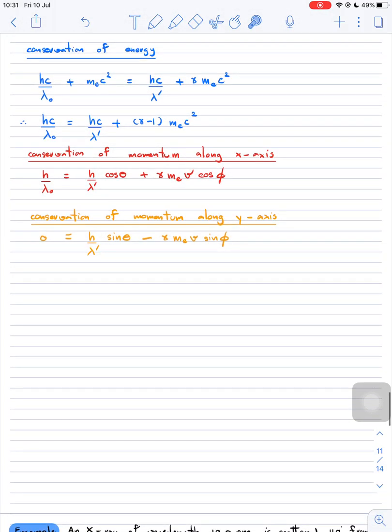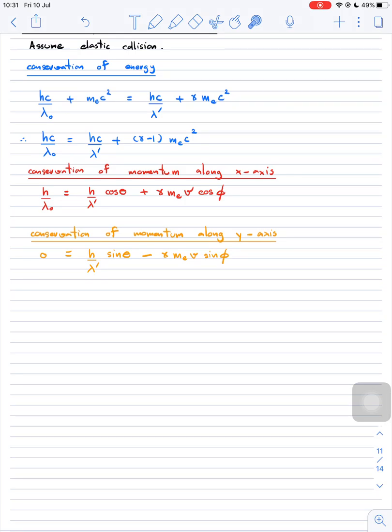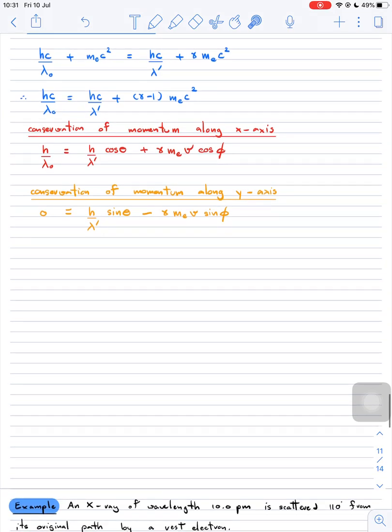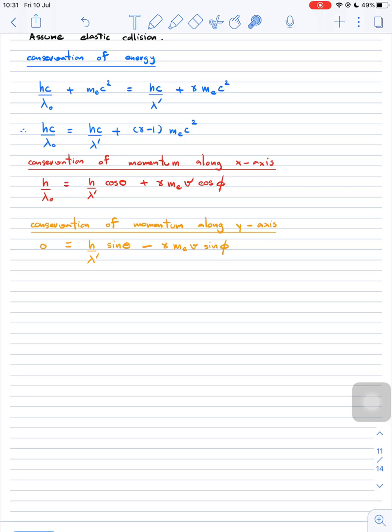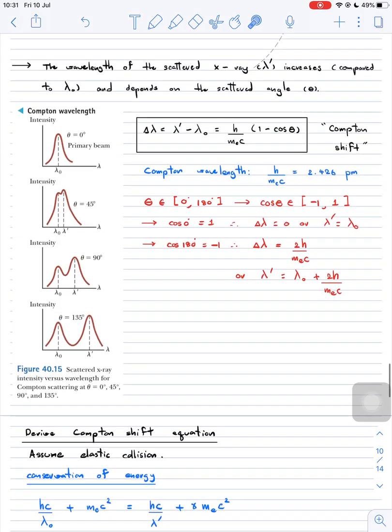That's it. So now we have the three equations. We need to get rid of v and phi, because in the final result we have only lambda prime and theta, since we know lambda naught.